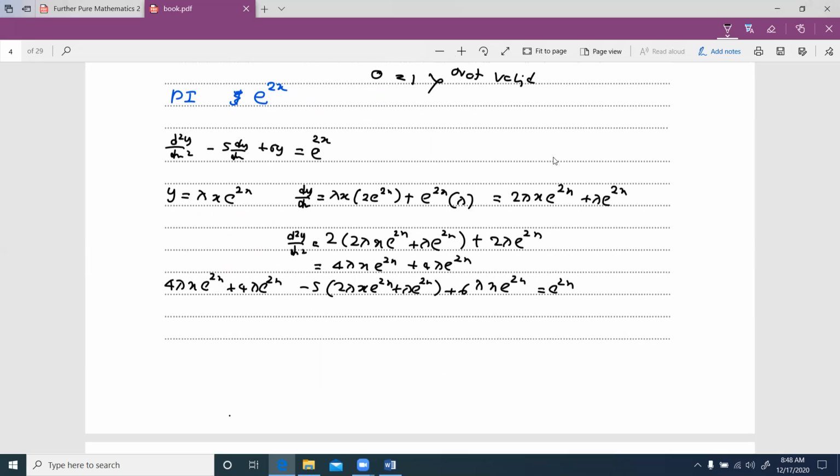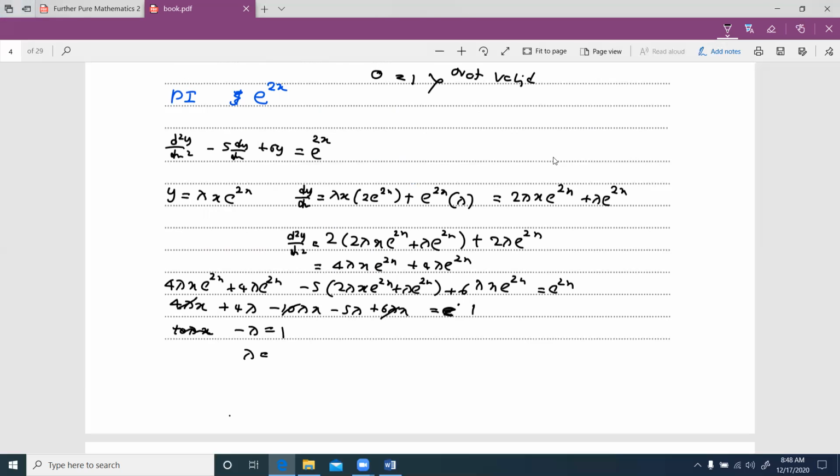You can remove this e to the power 2x term from all of these terms, so it turns up to 4 lambda x plus 4 lambda minus 10 lambda x minus 5 lambda plus 6 lambda x equals e to the power 2x terms cancel, so it turns up to 1. If you just get the x terms, it's 10 lambda x. These three terms get cancelled. It turns up to minus lambda equals 1.